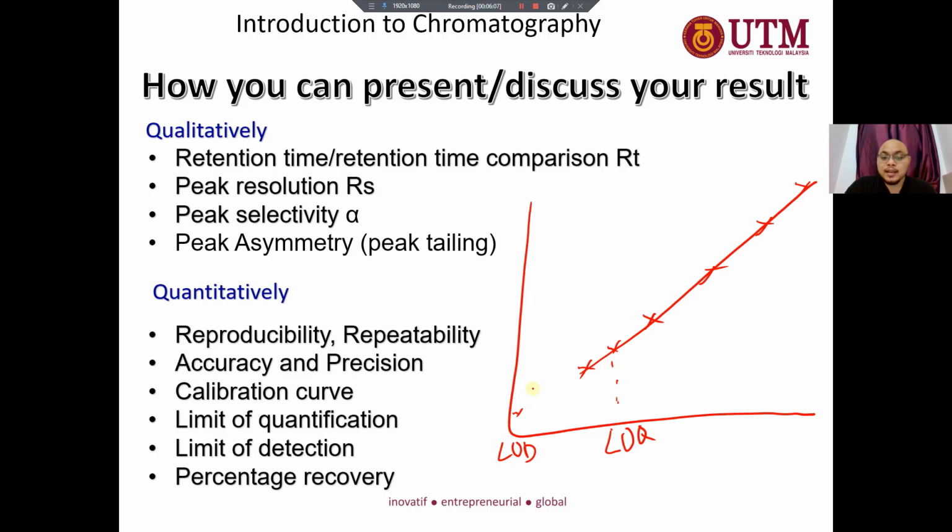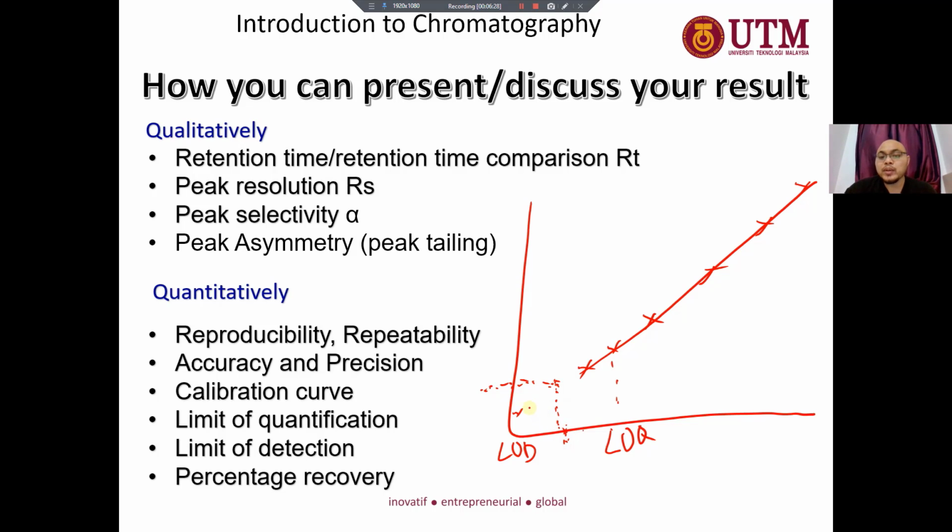Let's say you have the area within this one. So you will not be able to use the calibration curve directly to calculate the sample because you don't have this line as the reference. So you cannot know exactly.